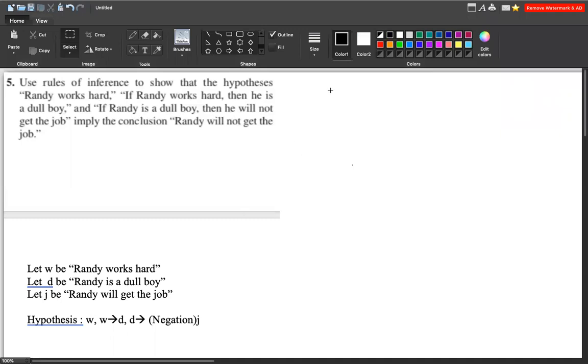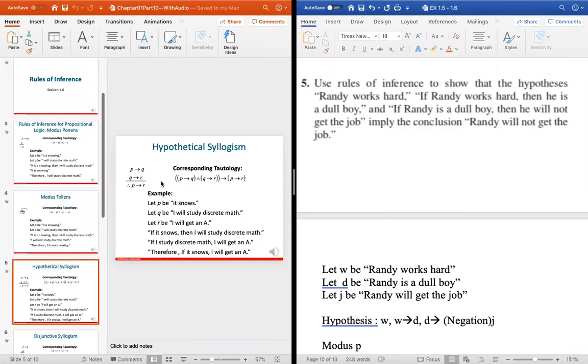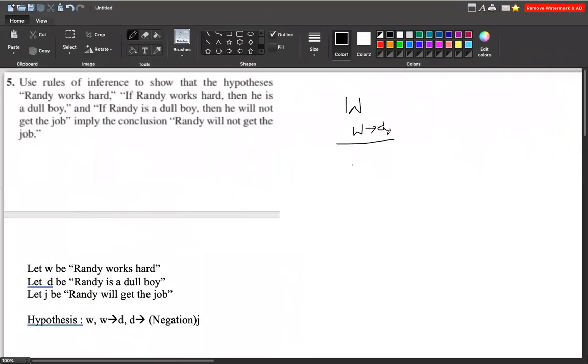So the first hypothesis is W and W implies D, right? So using modus ponens here, we know that if this is the case, then we get Q as the conclusion. So Q in this is our D, right? So we get D. So therefore, this is another assumption towards the final solution. So we have 1, 2, 3 assumptions, and then we find the fourth one.